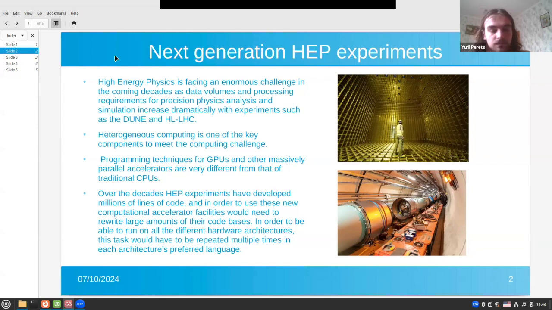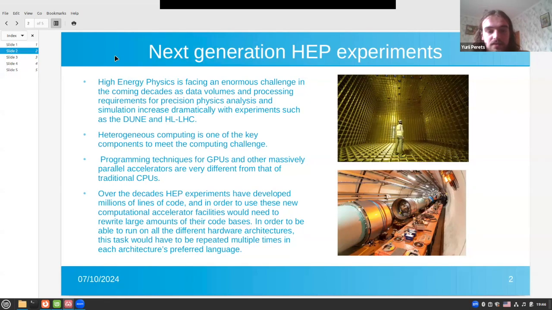Over the last decades, high-energy physics experiments have developed millions of lines of code, and in order to use these new computational accelerator facilities, you would need to rewrite a large amount of their code bases to be able to run on all the different hardware architectures.